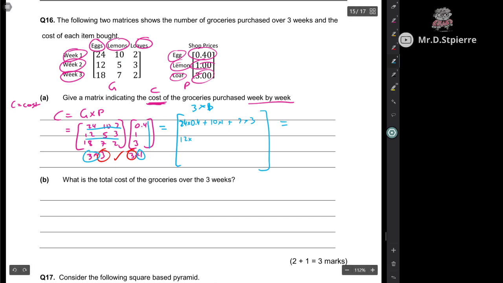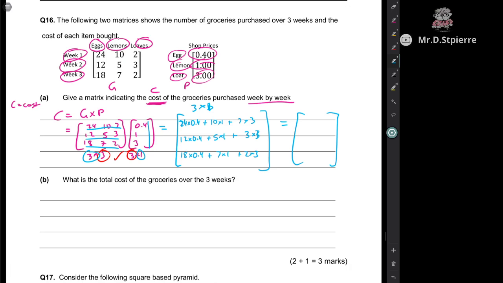So we get 12 by 0.4 plus 5 by 1 plus 3 by 3, sorry. And then we do it for our third row by the column. So we get 18 by 0.4 plus 7 by 1 plus 2 by 3. Put all of these in your calculator and see what you get.